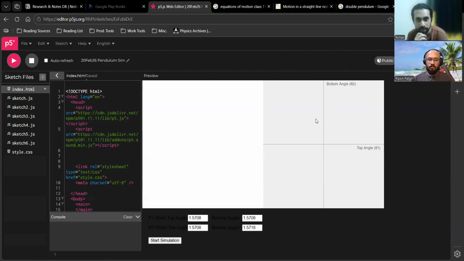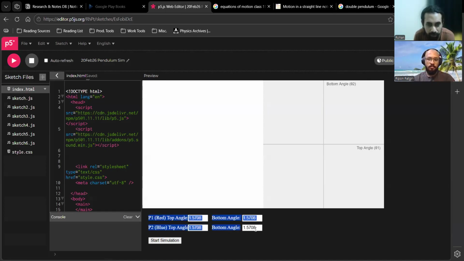That doesn't matter. Now I'll show you. I said that even a small change can make a lot of difference. Right now, I'm going to make both of them the same. I know it's black, so it's very hard to understand, but maybe if I do this. There will be two different pendulums.